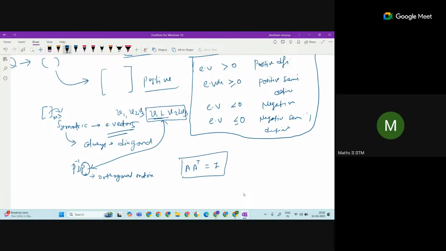If a matrix has this property, then it is called an orthogonal matrix. The columns of P are these orthogonal vectors, so that's why it is called not only diagonalizable, but orthogonally diagonalizable.